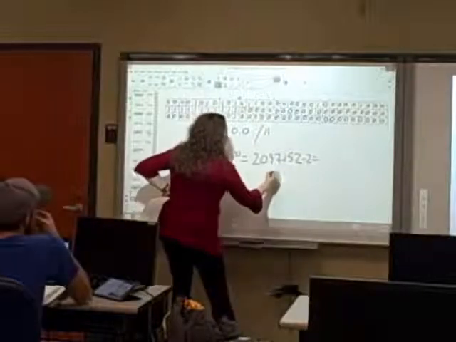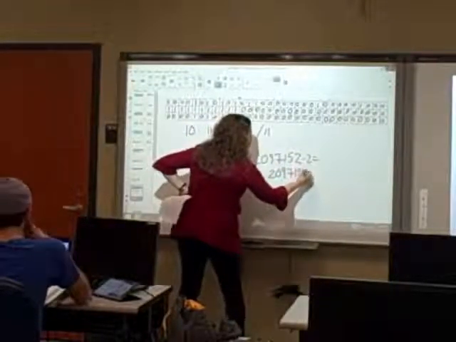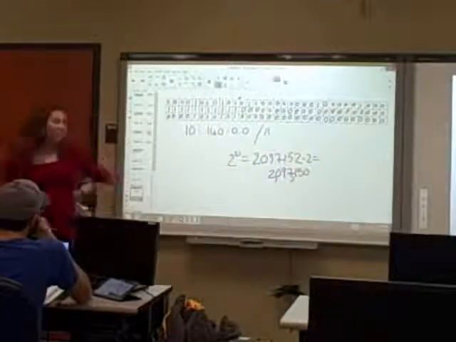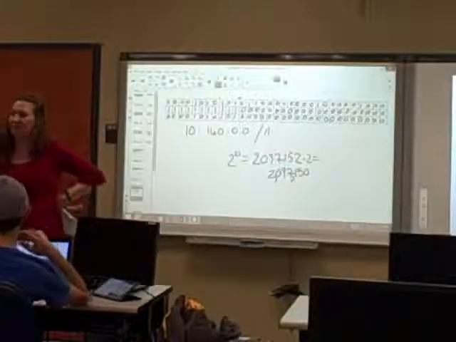So the usable hosts on this one, you have 2,097,150 hosts on that network.